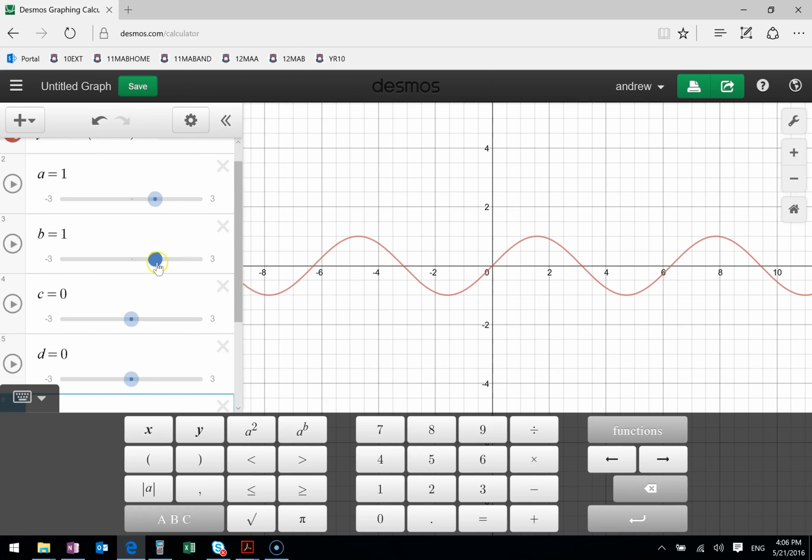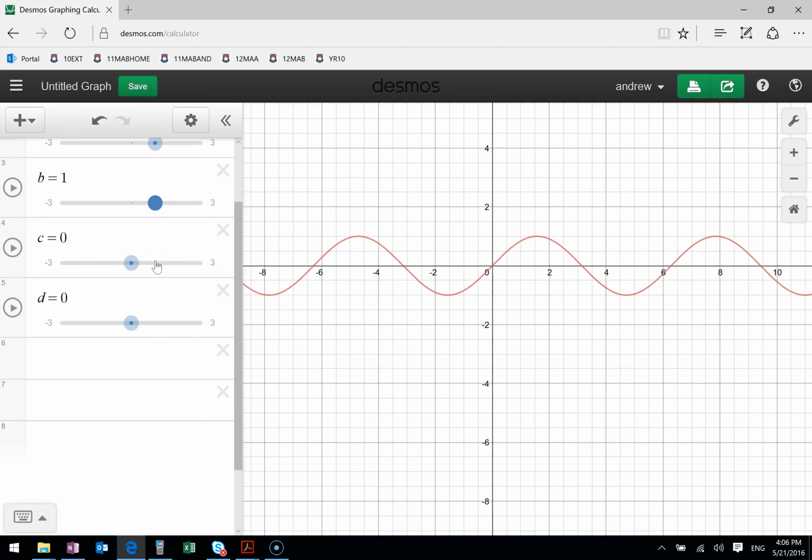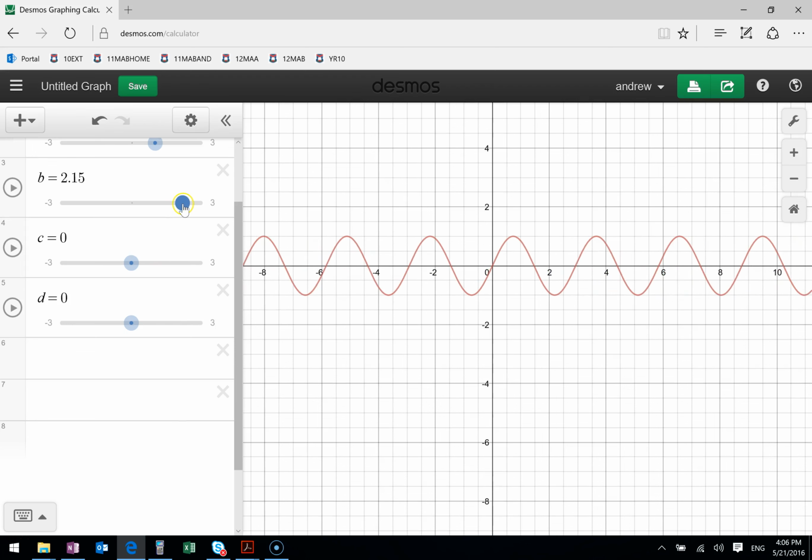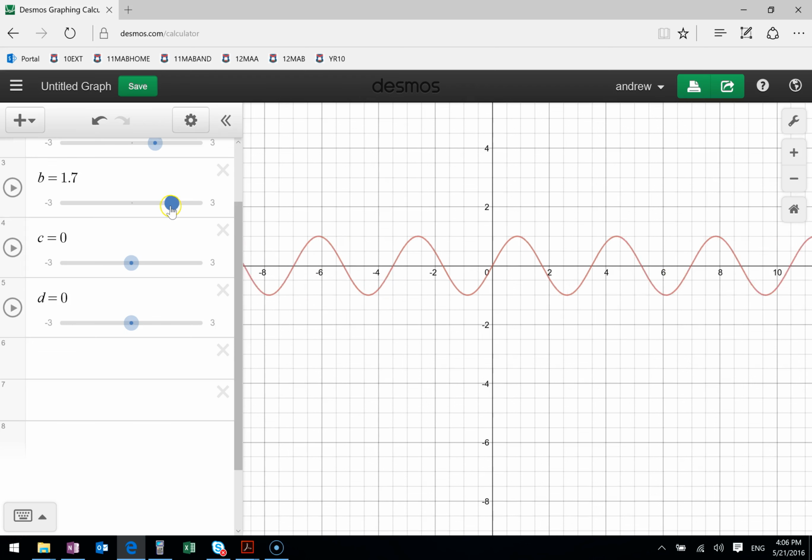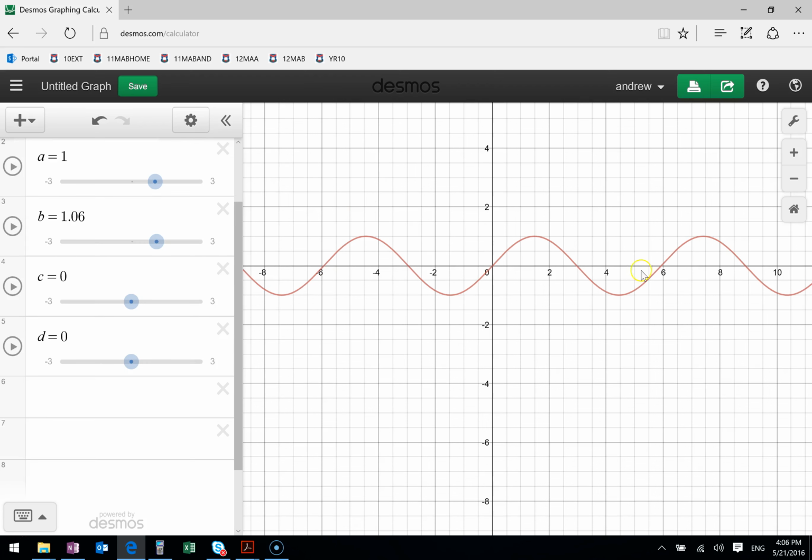And we can have a look at what B and C do. If I increase B, it makes the period shorter. Where originally my period was about 6, it's actually 6.28 or 2 pi.